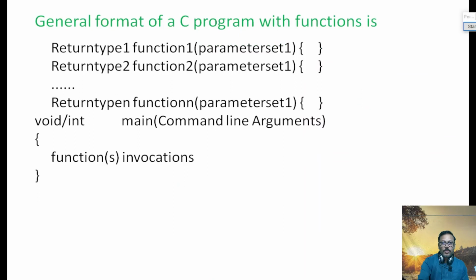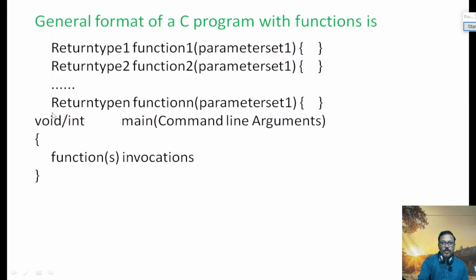So the general format of a C program with functions. You can see here return type 1, function 1, parameter set 1, and then some code. Return type 2, function 2, parameter set 2. Like this, you have different functions, function 1, function 2, and then function n. The main can be written with void or integer, or you can avoid both also.